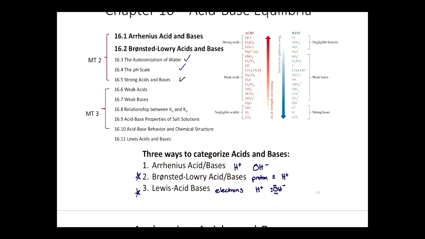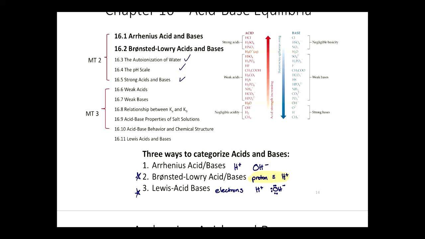Those 2 are Bronsted-Lowry acids and bases, where instead of specifically looking for H+ and OH-, we are going to treat an H+ as a proton. So if there's anything to memorize, just think Bronsted-Lowry focuses on the protons and how they're moving in an acid-base reaction.